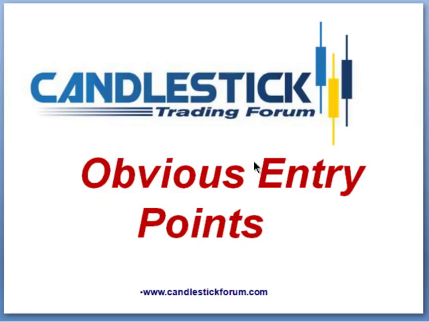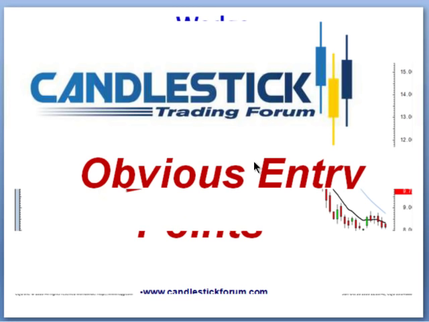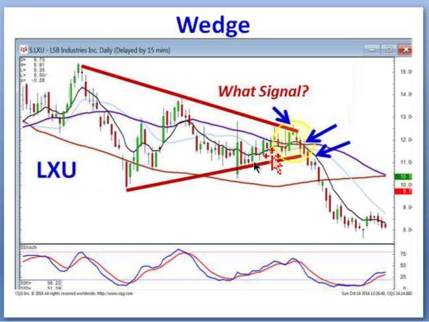So you don't have to know every price move. You don't have to know every pattern. Concentrate on a few, because you can see kind of how this wedge was setting up. We could also see how it would be tough to trade until it broke the wedge.